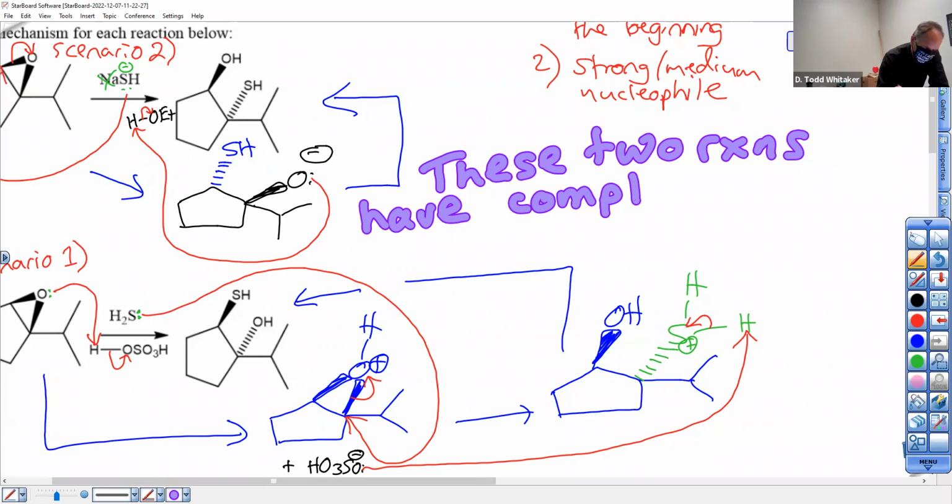Like on the first one, on the, oops, the OH. Oh man, what did I do? Yeah, no, I didn't do anything wrong. I'm sorry. Because this has a charge, we attack the more substituted carbon. Puts the SH on the more substituted carbon.